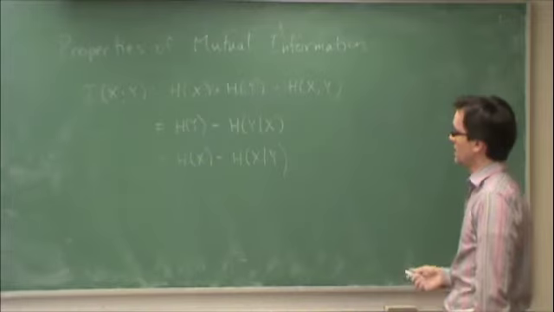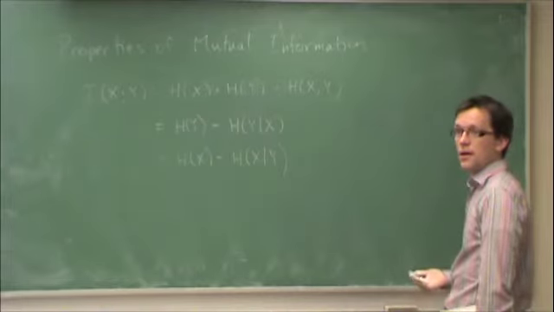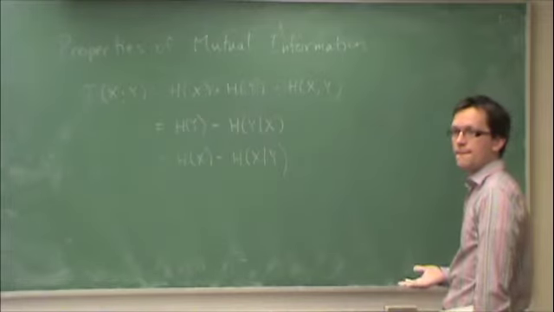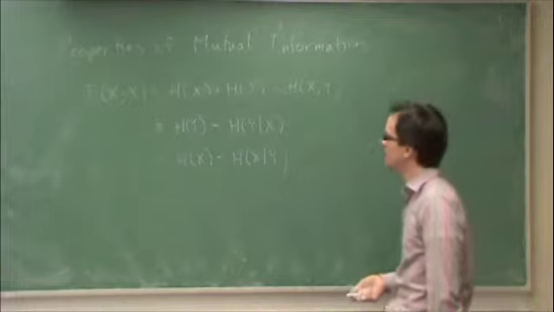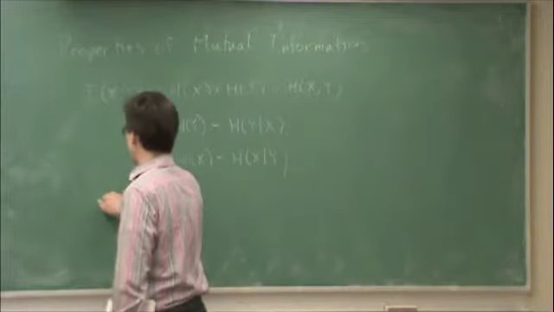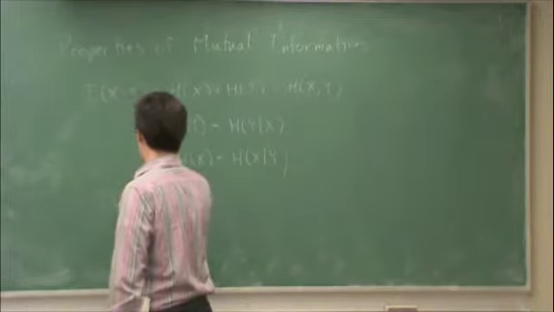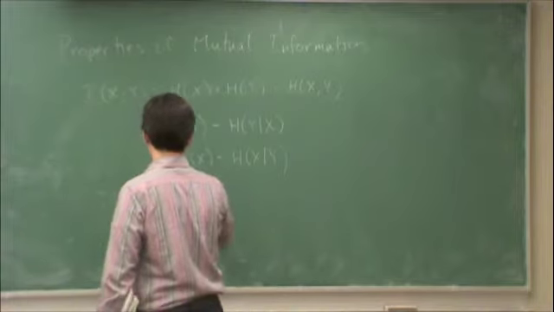Could you make a comment saying that mutual information should be symmetric because it's the same channel from both ends? So just replace x and y. Yes, in fact, that's my next statement. It's commutative in x and y.